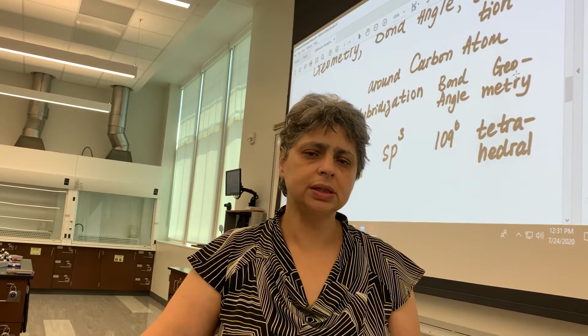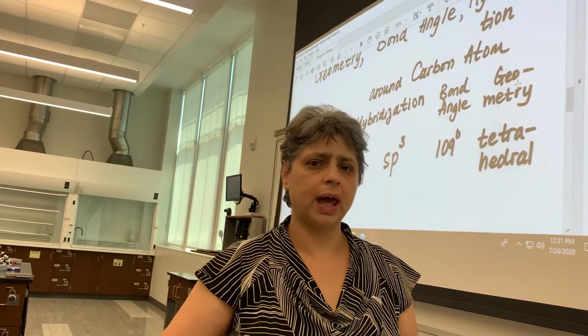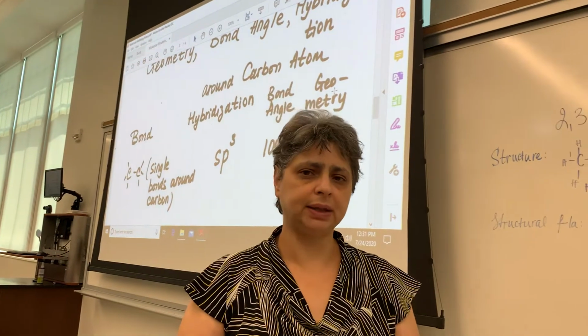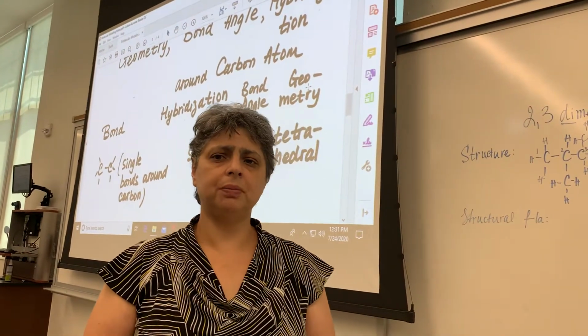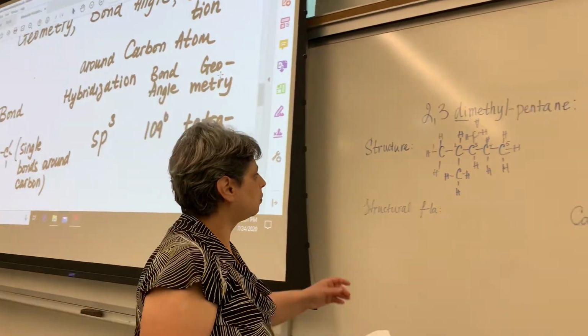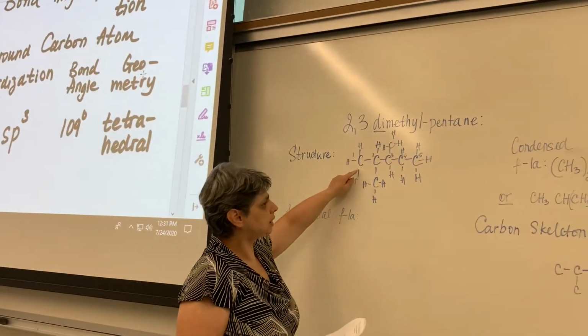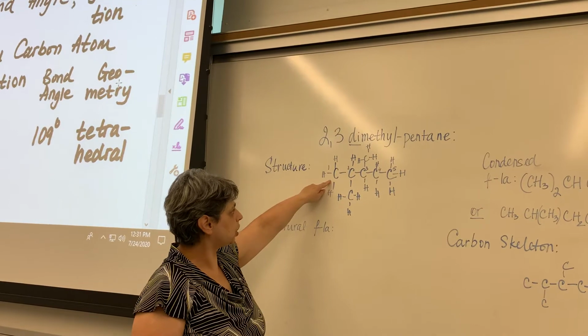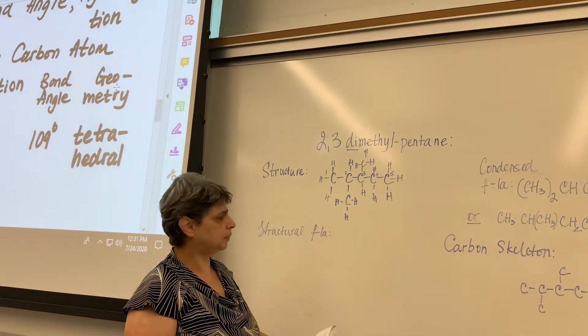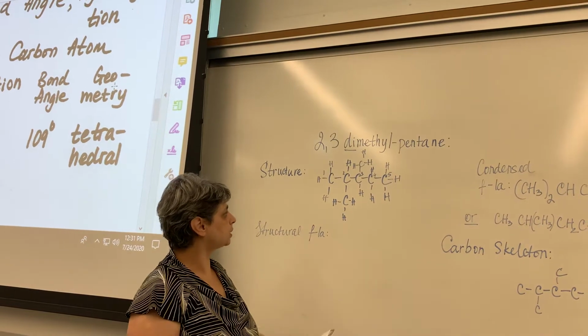2,3-dimethylpentane even is. So first we look at the ending of the name, and it says pentane. Pentane, remember, means 5 carbons in a chain. So what I did here, I started with structure because that's the first thing your report asks for.